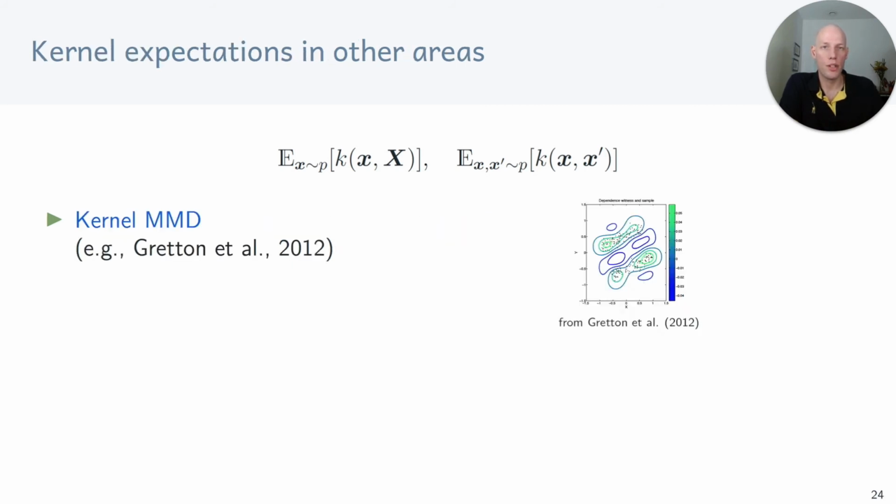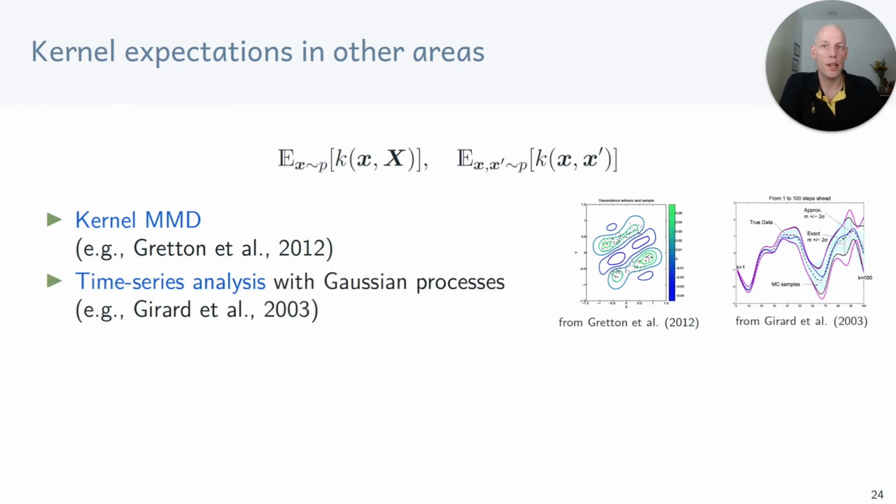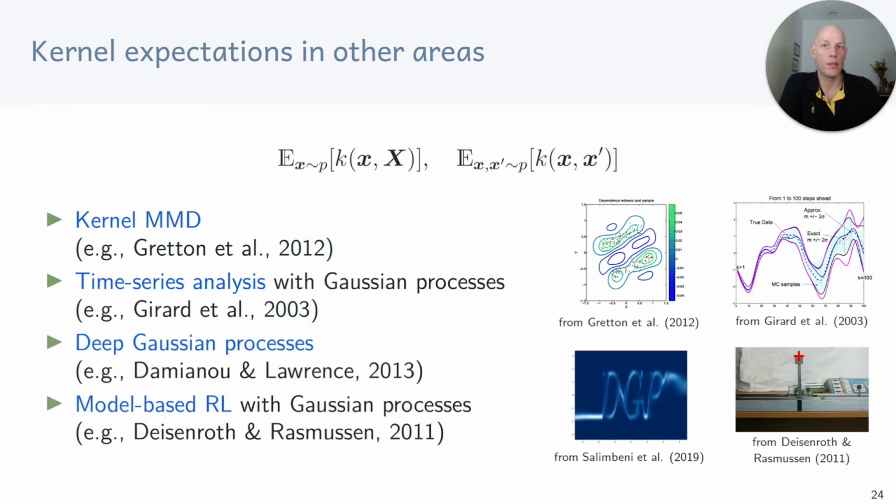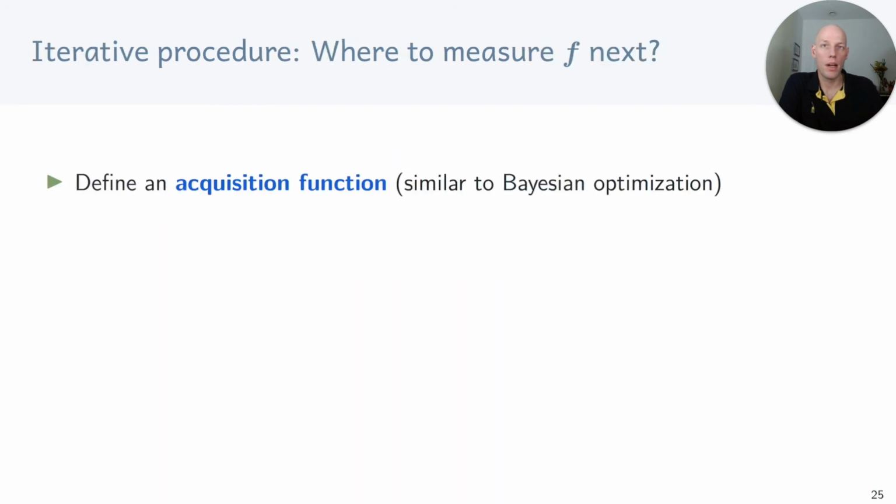Kernel expectations do not only appear in Bayesian quadrature, but also in kernel MMD or areas in which Gaussian processes are used, such as time series analysis, deep Gaussian processes, or model-based reinforcement learning. But now let's go back to Bayesian quadrature.